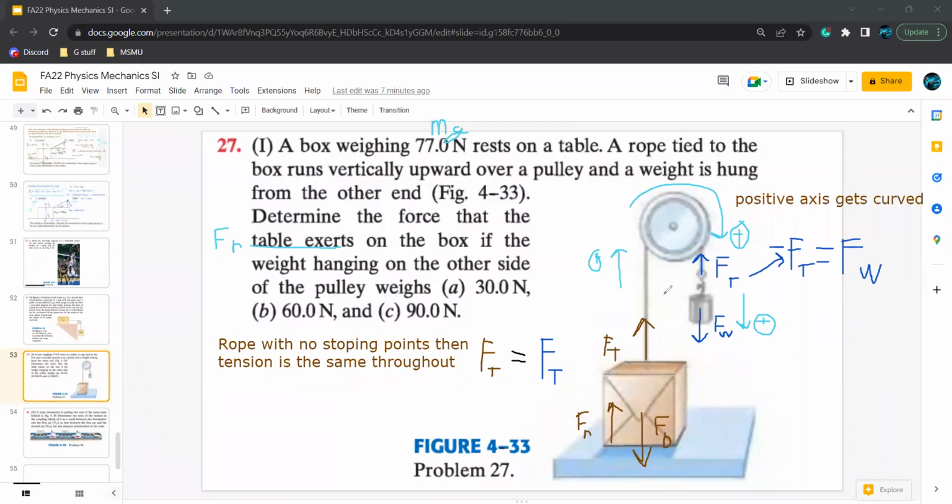Right. So then you actually have another force tension here. That's what I was saying, it could be positive or negative depending on the rope. Because here the box is pulling on the weight and the weight is pulling on the box. Anyway, I usually just neglect that because force tension is the same throughout. And then because this force tension here, I should actually put a negative there, and that solves our issue.